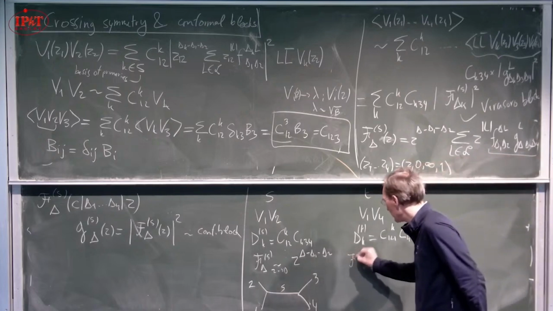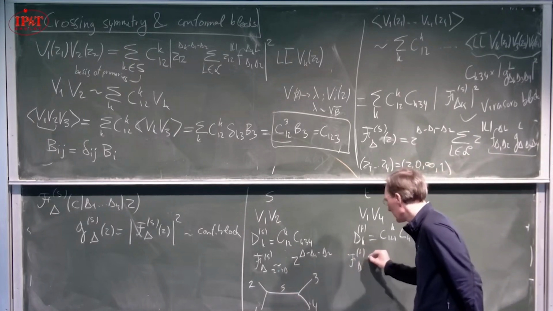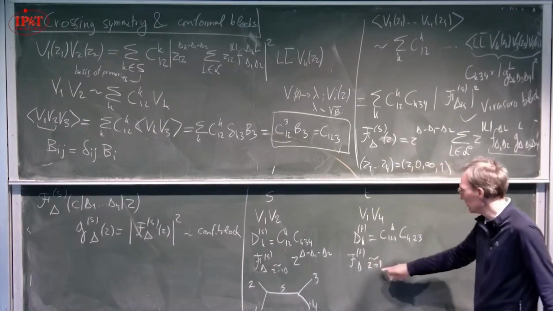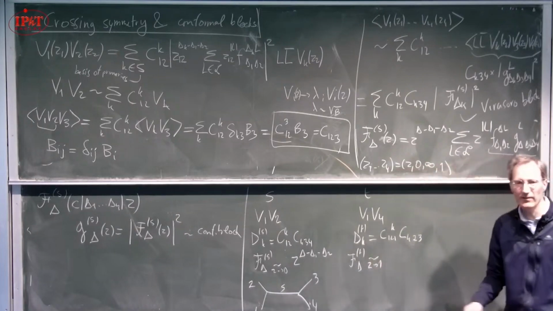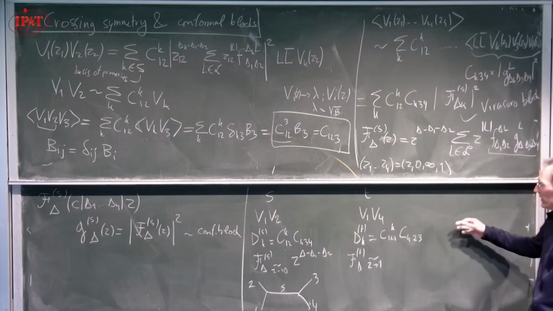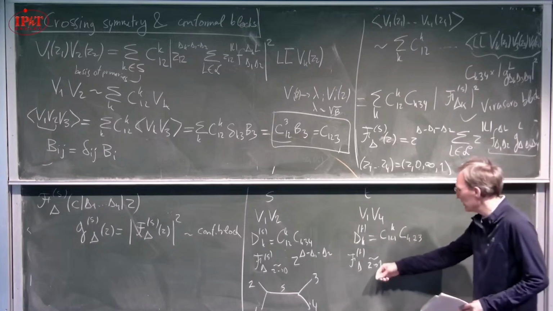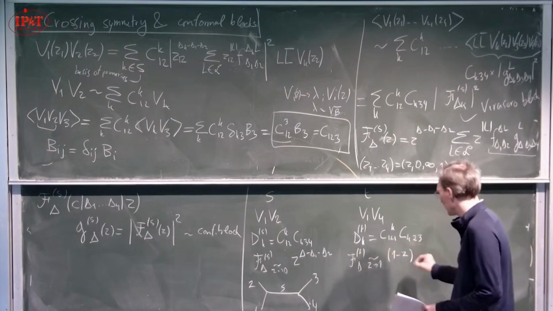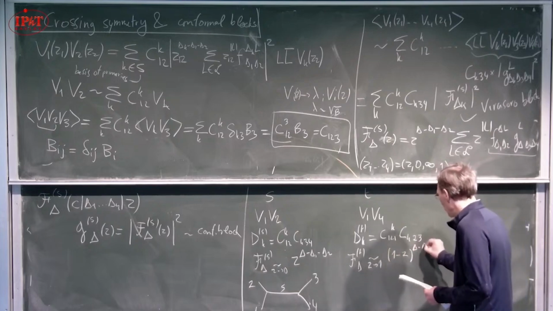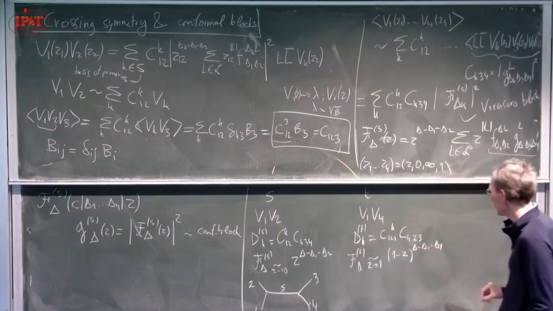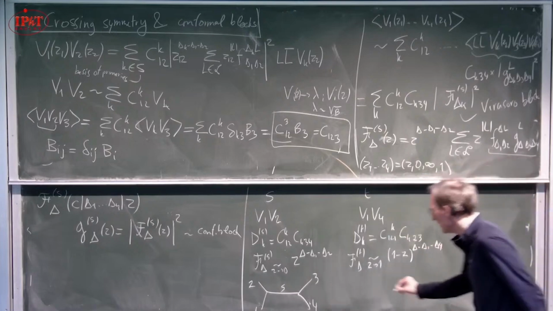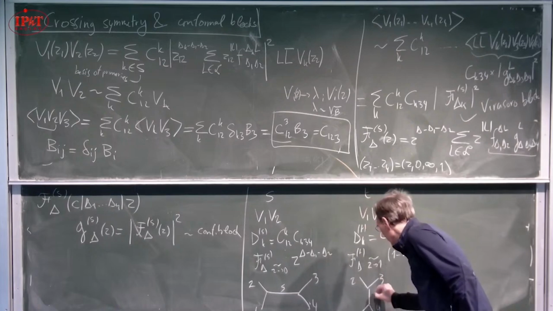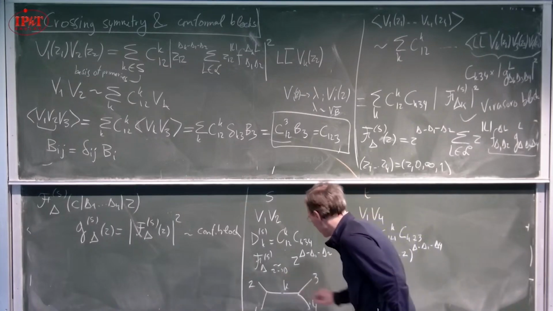Then I get a T channel block, which now becomes singular as z goes to 1. Well, it's also singular at z equals 0, but we define it as an expansion around z equals 1. It's not quite a series. It starts with a power, which is Δ minus Δ1 minus Δ4. And that corresponds to this diagram.